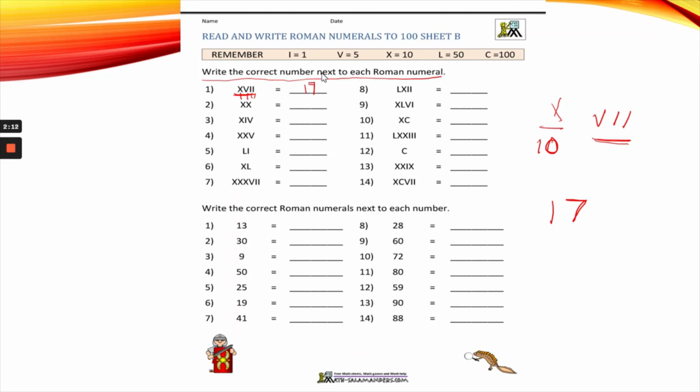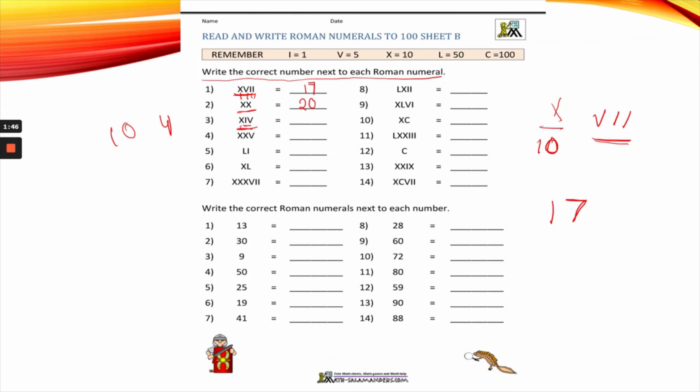I will do 4 exercises, 4 sums. After that you can do it. Now the second one is X and X. It is 20. XIV means X is 10, minus 4 means, okay, this is 4, and X plus 4 we have to do.